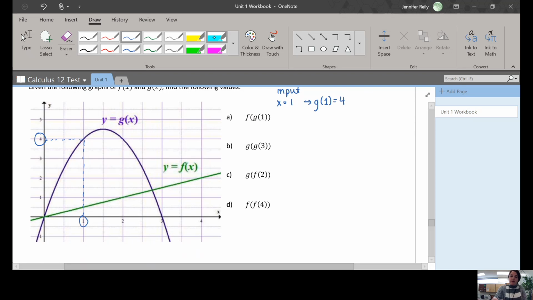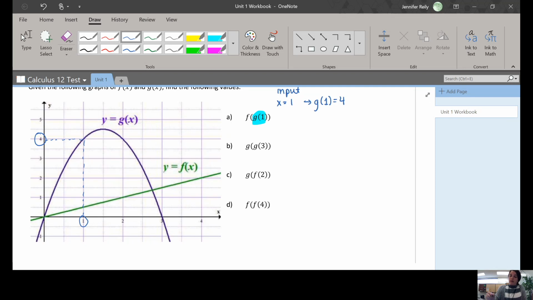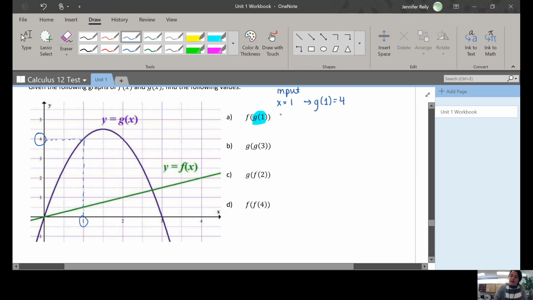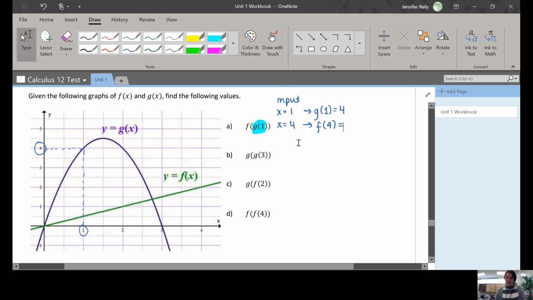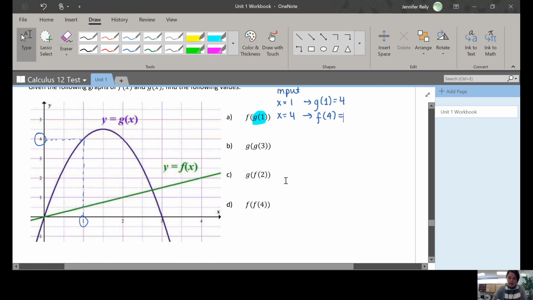And then, so that's the answer to the inner piece, that's 4. And then we're going to take that input, x equals 4, and input that into f of x. So here's x equals 4, go up, and we get 2.